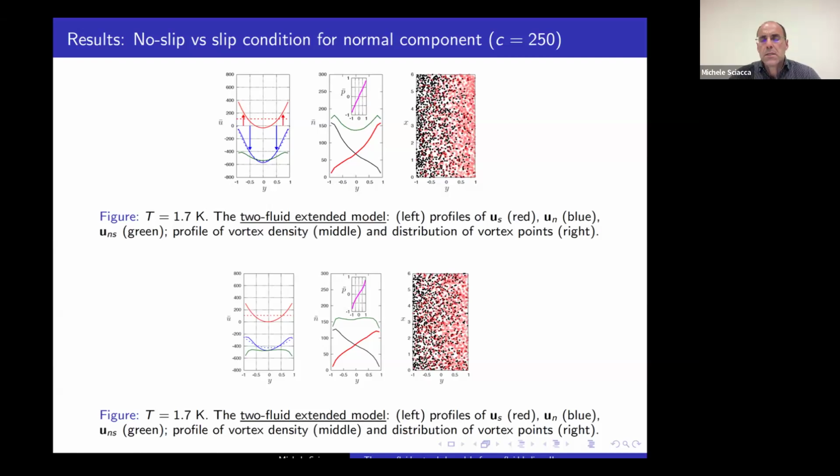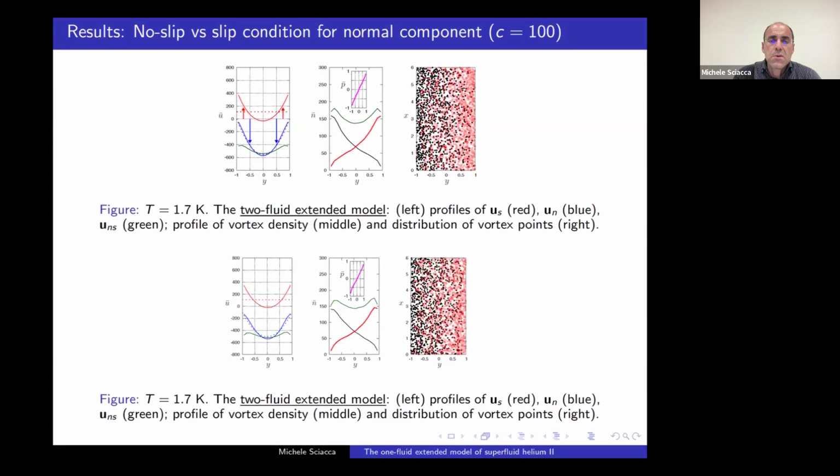But if you think in terms of the one-fluid model, since we don't know exactly the value of Q on V on the walls, this can be reflected on UN and US, the extended normal and the extended superfluid components, which in some sense may have a value different from zero on the walls. And so, we don't know exactly.